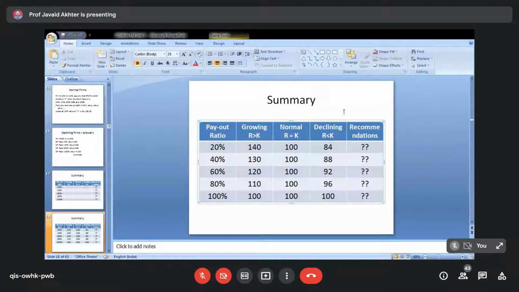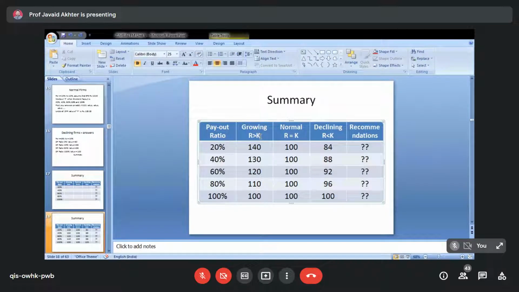Here, what is the margin? Negative margin, 2%. R is 8 and K is 10. Here, R was 15 and K was 10. Because of this margin, these figures differ.